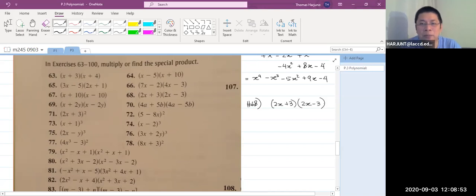Now, blah plus blah minus blah, so it will be the first term squared minus the second term squared. That's 4x squared minus 9. Thomas, hold on. Thomas, can I just go ahead with 4x squared minus 9 right away?